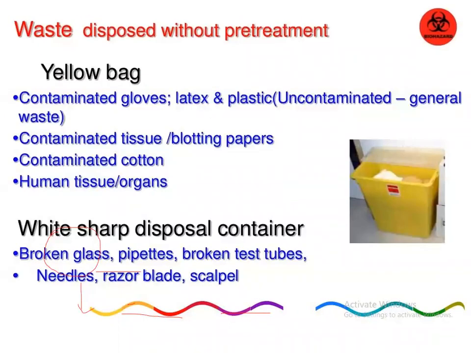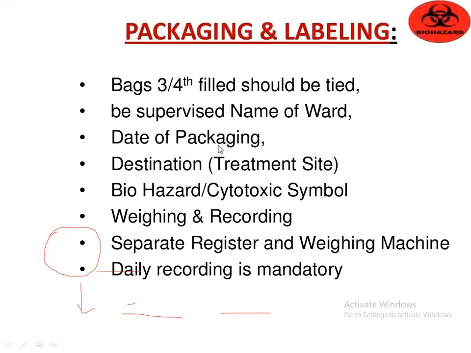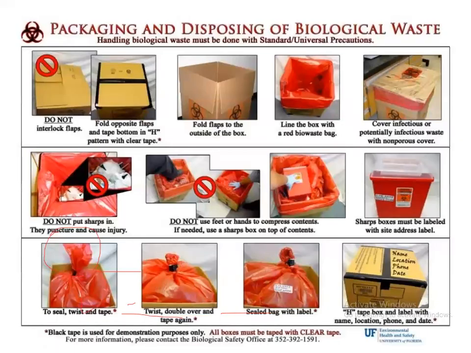Then waste disposal without pre-treatment, different types of containers are used. Packaging and labeling is given to the containers. This is the process of packaging and disposing of biological waste that is shown in this image.